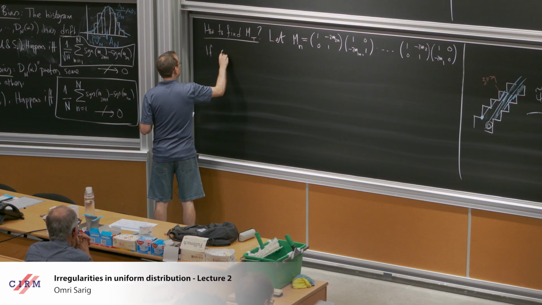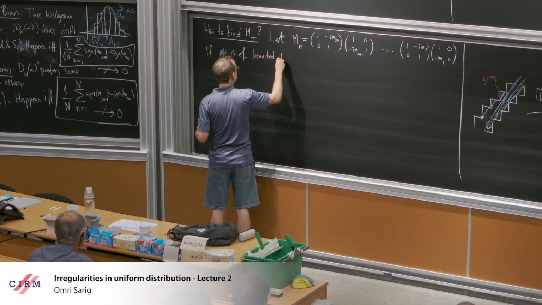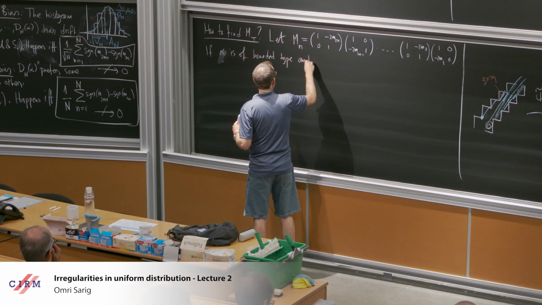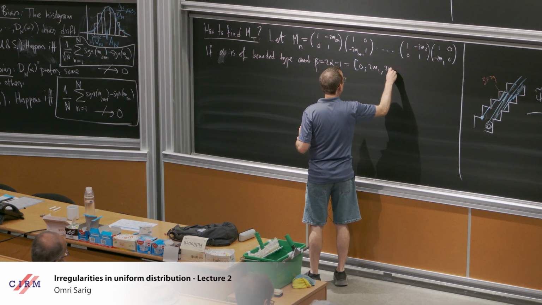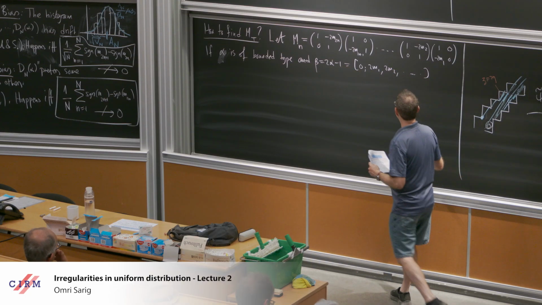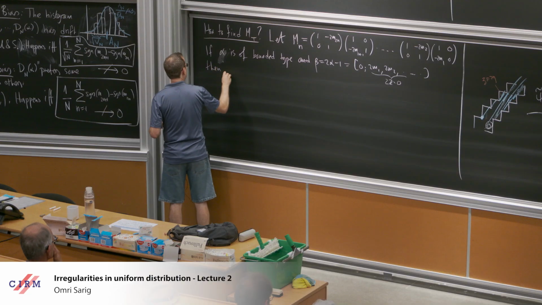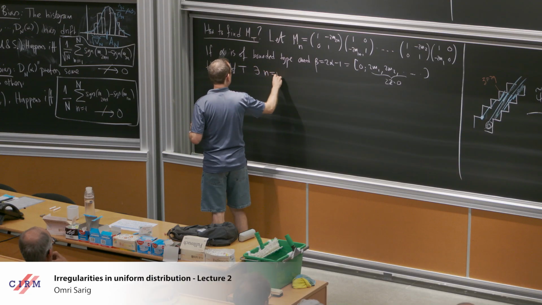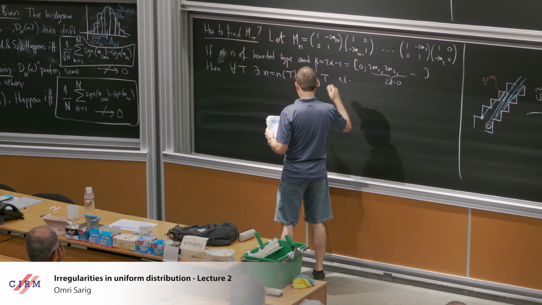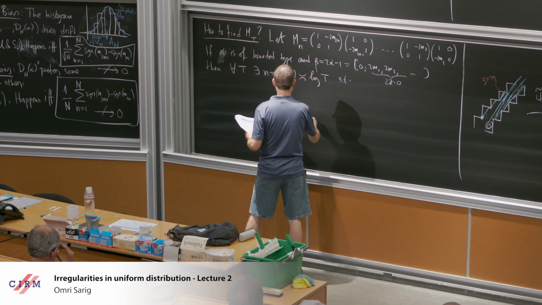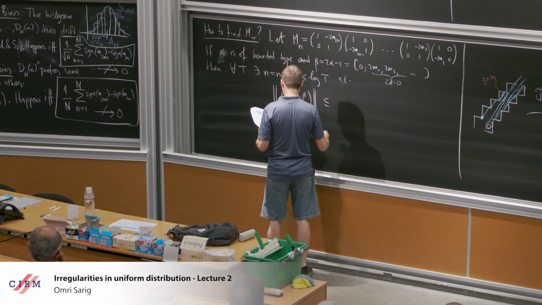And the fact is that if alpha is of bounded type, and beta, 2 alpha minus 1, is given by this even continued fraction expansion, then for every t there exists n, which depends on t, which is basically log t, such that the norm of M_n beta is less than something.